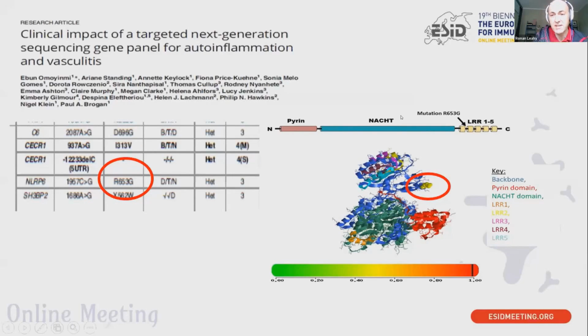This mutation is between leucine-rich repeat region 1 and 2. It's on the external surface of the protein, in a functionally important part of the gene, and is predicted by PolyPhen to be probably pathogenic. So we thought this mutation might be important, and we wanted to explore it a little bit further.